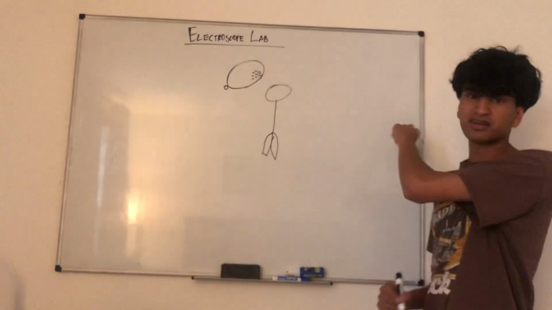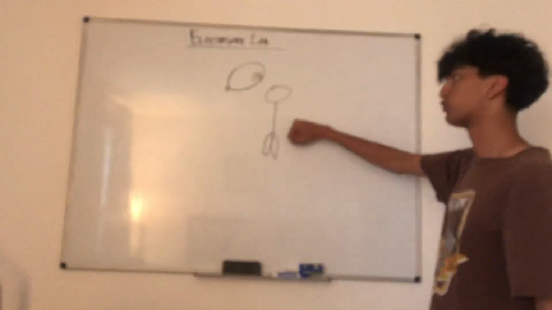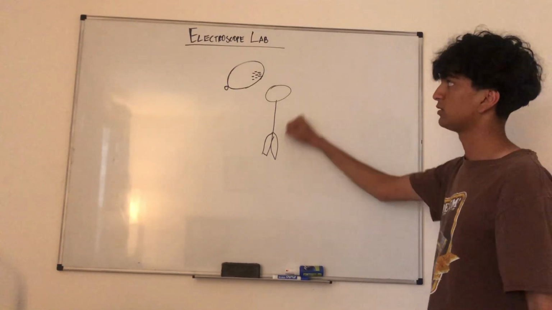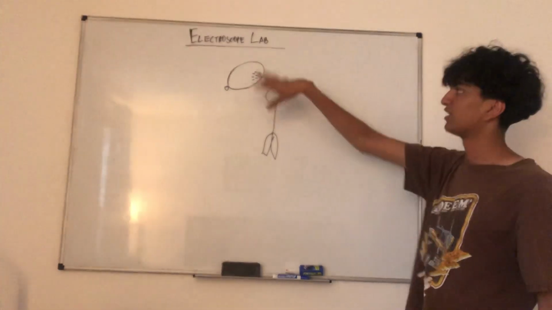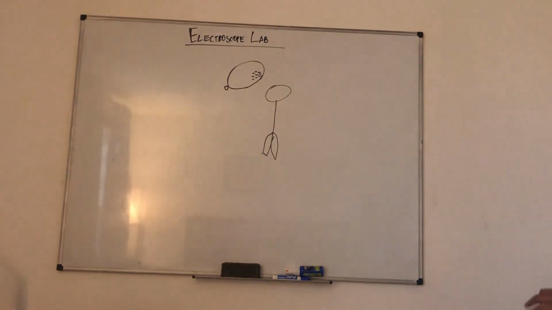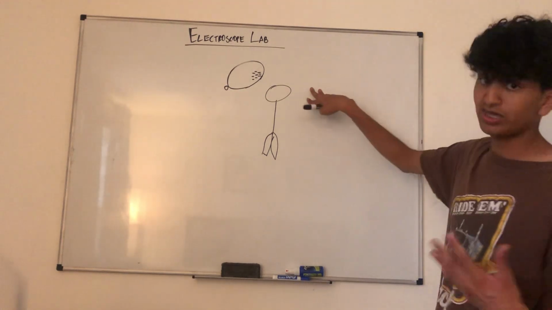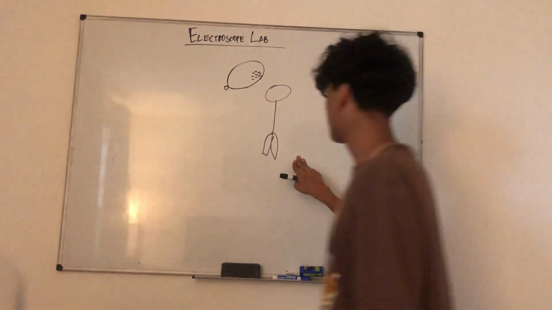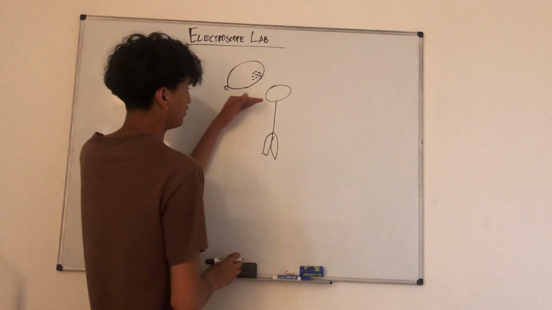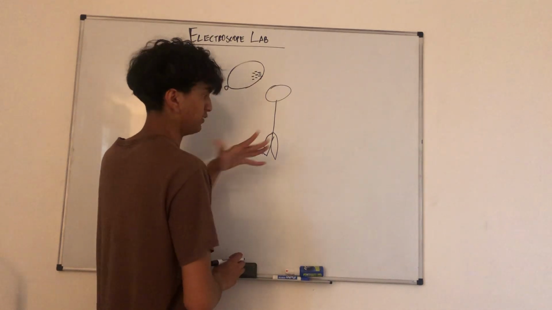So an incorrect thing to really say is that protons move up closer because they're attracted to the negative charge here. What's really happening is there's going to be negative charges, electrons, flowing down to the bottom here.